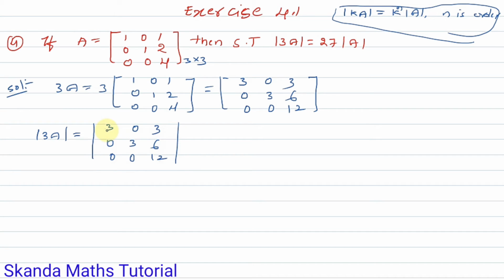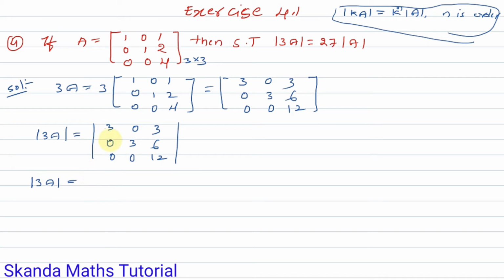So rather than the first row, the third row is easy. Otherwise the first column also works. So I am doing it by the first column.